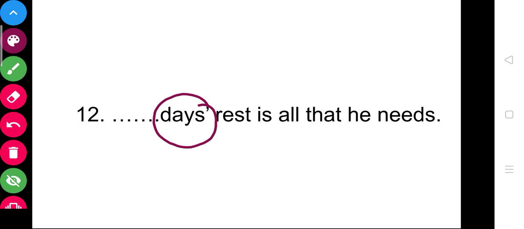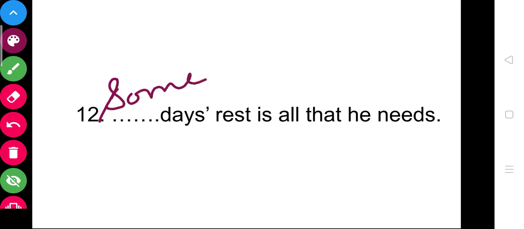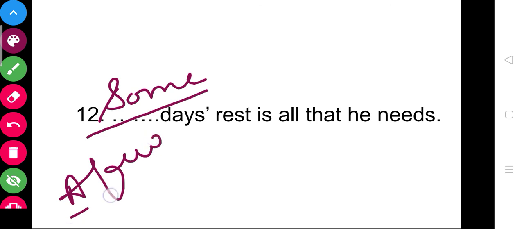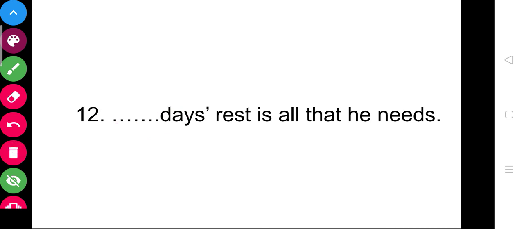What we can give as a reply here is: some days rest. Some days' rest is all that he needs. Like a few days, you can also write a few days' rest. We can count them, so a few days is equal to some, so we can reply either way. Some days' rest is all that he needs, we can reply that way too.